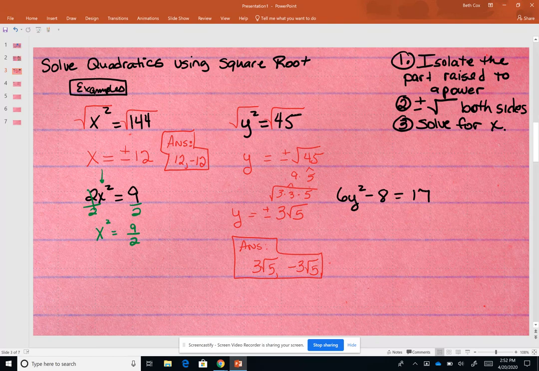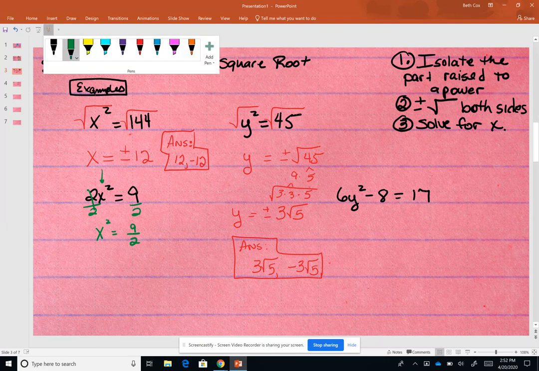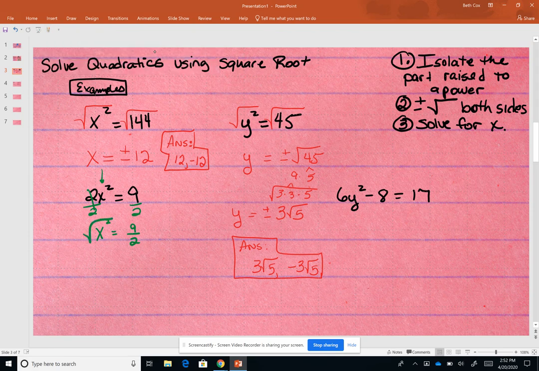Then I can take the square root of both sides, the square root of that and the square root of that. So I get x equals, all right, the square root of 9 is 3. It's positive and negative.